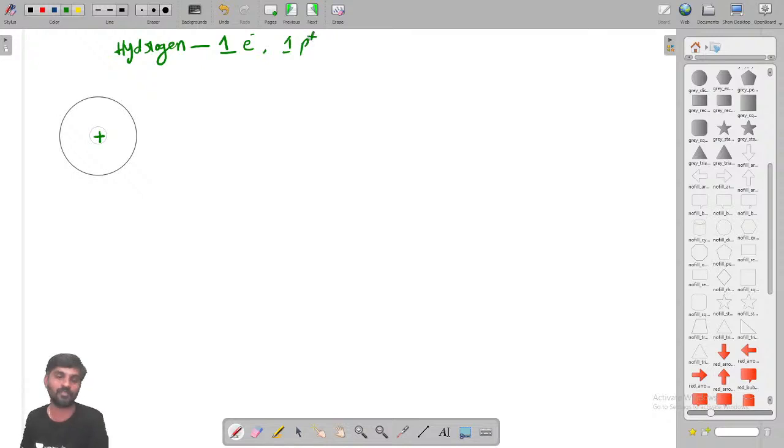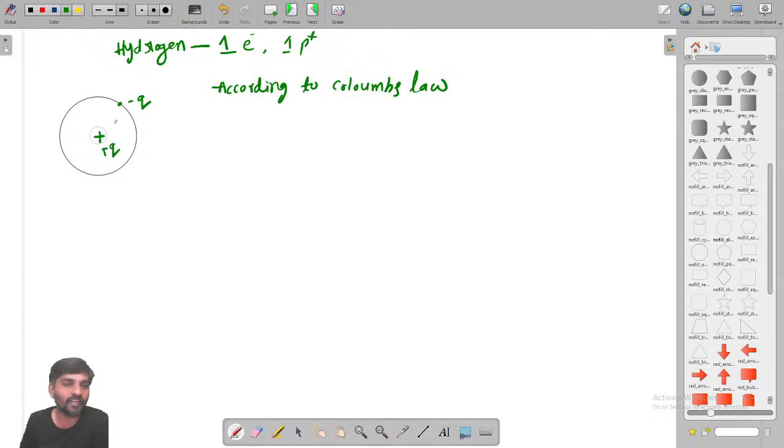The proton has a positive charge Q, and the electron has a charge of minus Q. According to Coulomb's law, there exists a force of attraction between these two.